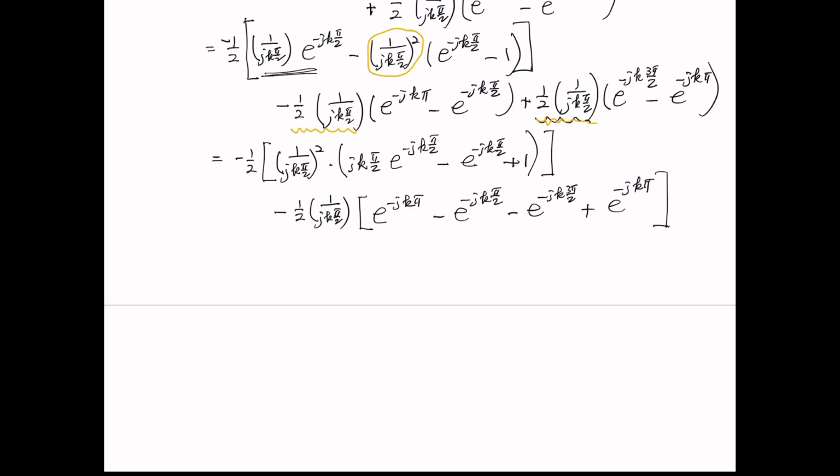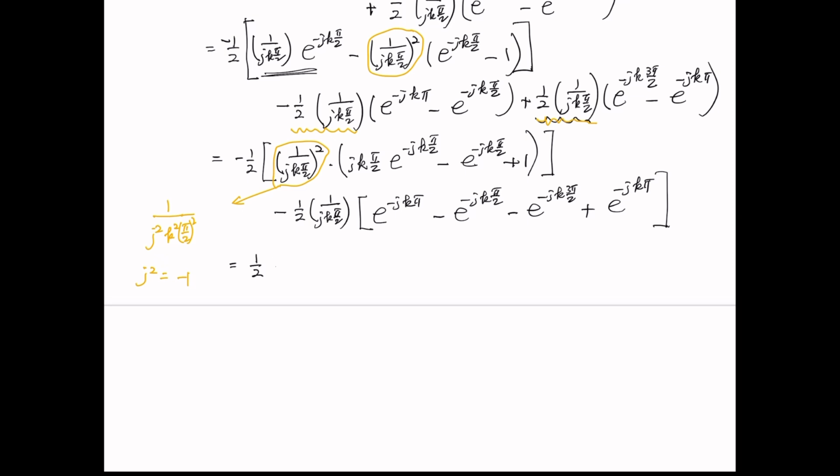When we look at this square term, if you square them, we have a 1 over j squared k squared (π/2) squared, and then j squared equals negative 1. Therefore, we have 1 over 2, negative 1 times negative 1 over 2. This will give us positive 1 over 2.